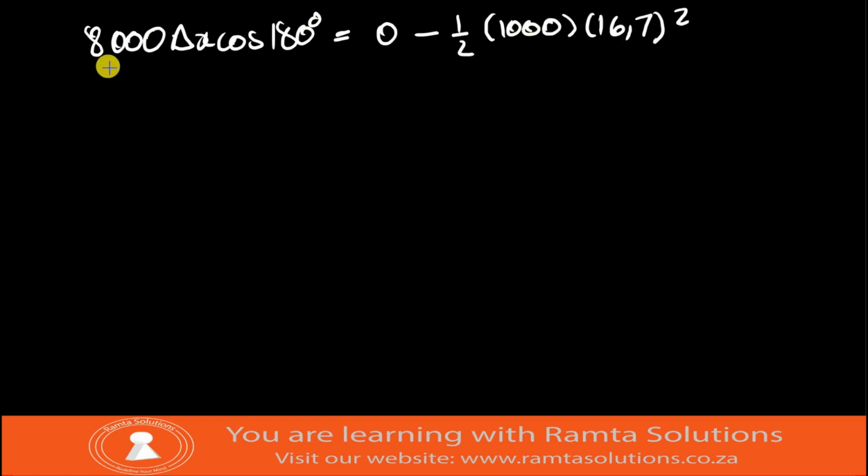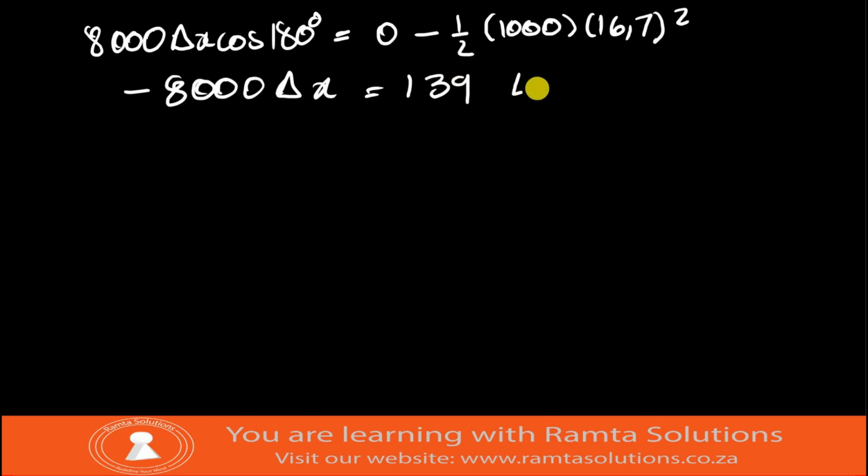So now what do we have? We have 8,000 times delta x cos 180 degrees. It's negative 8,000 delta x equals 500 times 16.7 squared. Oh sorry, 500, not 5,000, 500. So this is 139,445, right?